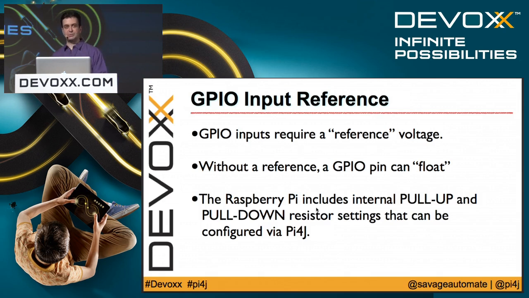So fortunately, the Raspberry Pi includes on board, on the hardware, internal pull-up and pull-down resistors. And we can configure that when we provision our input pins. We can configure it to be either pull up or pull down.